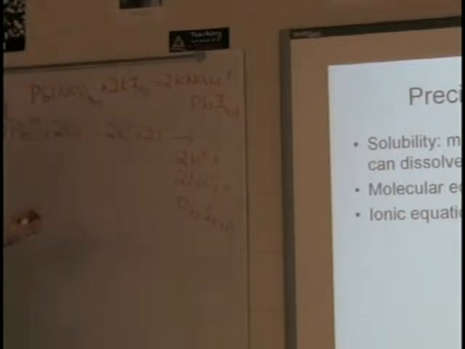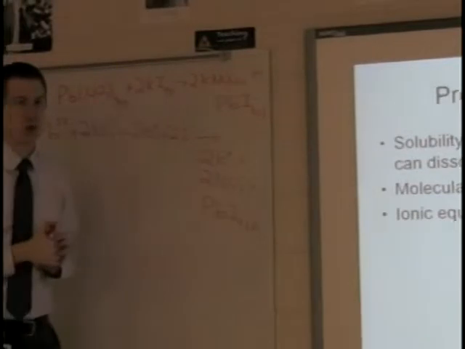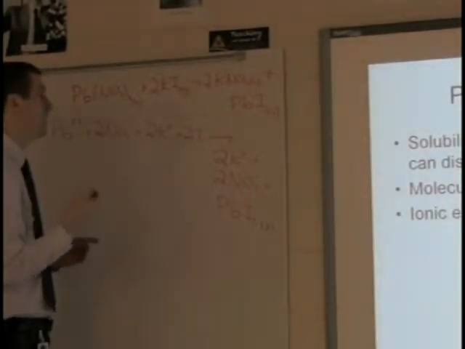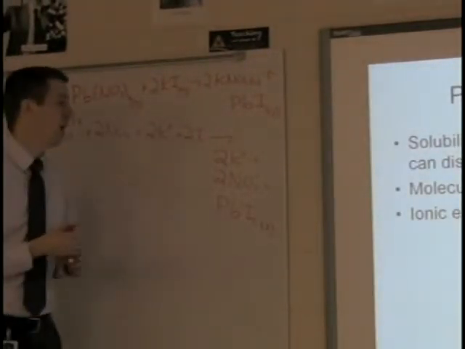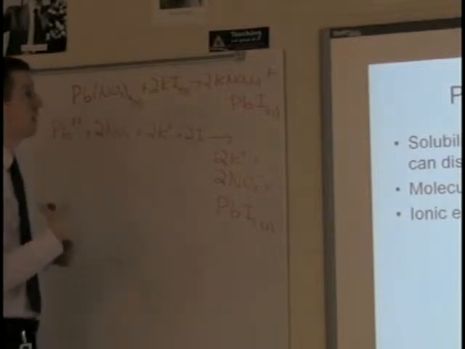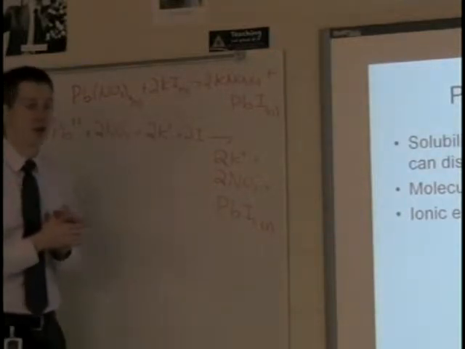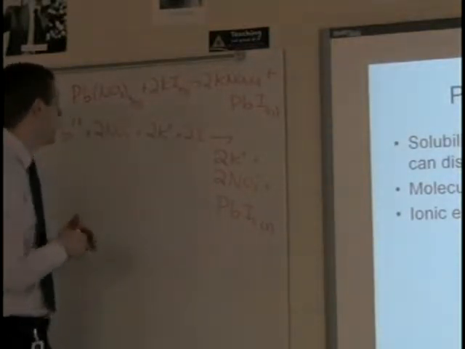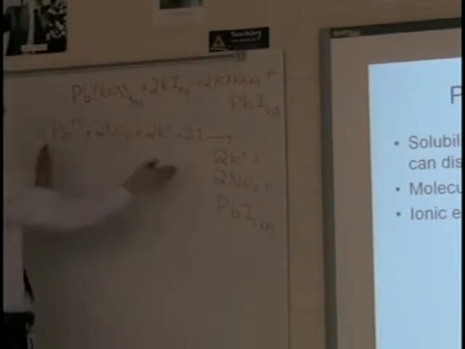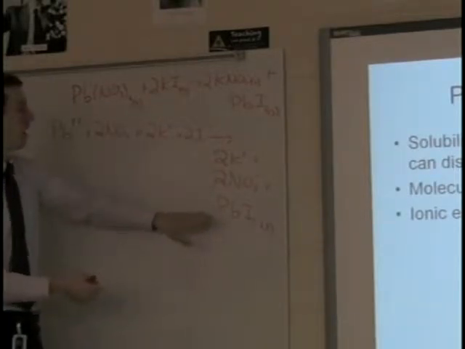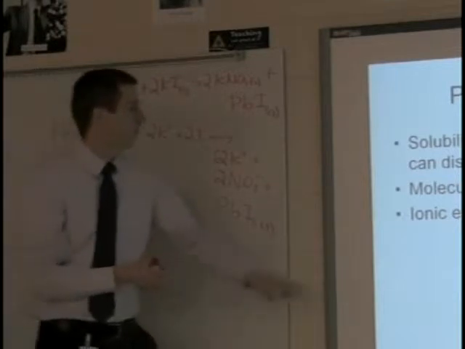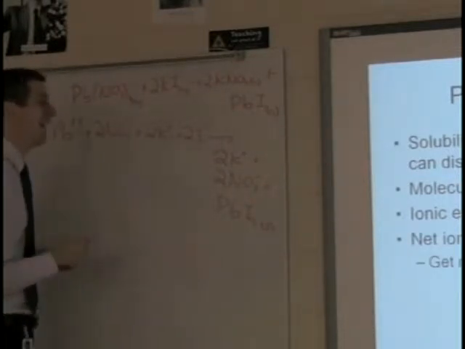Solids do not get broken up in an ionic equation because those are the things that are insoluble. They do not float around as ions in the solution, which is why a double displacement reaction can occur, by making this solid. So now I have all these ions to begin with. They create these ions and that solid, which leads us to the net ionic equation.